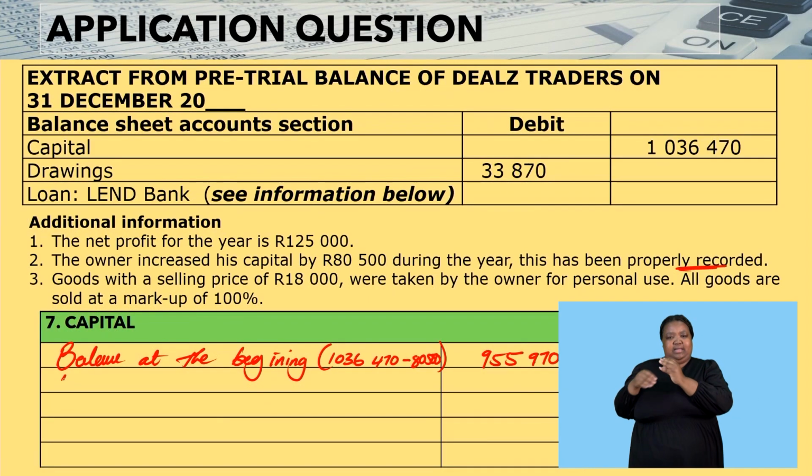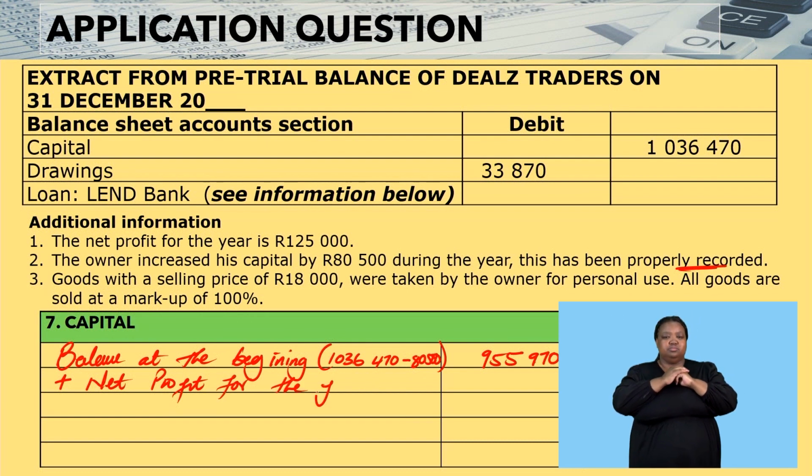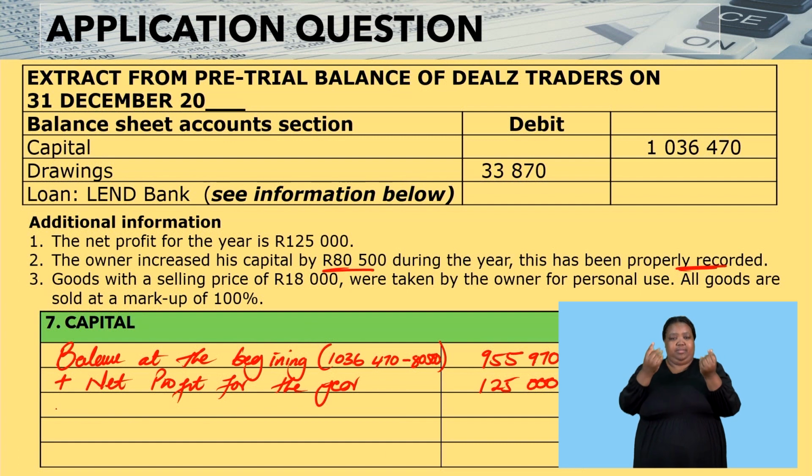And then I would come and add my net profit for the year. My net profit for the year is 125,000. Remember, I'm adding this one. Then I'll add the additional capital that the owner has contributed.